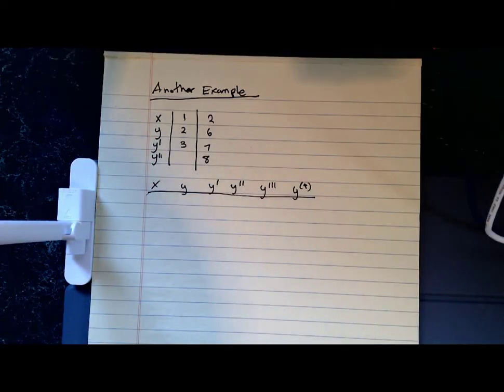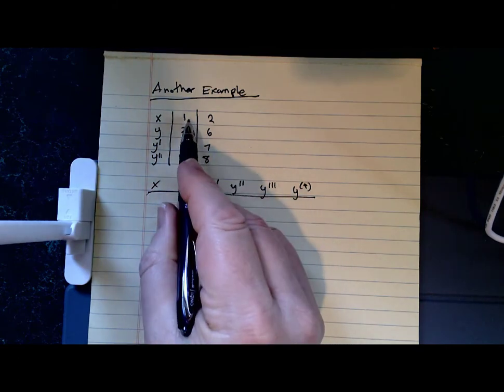Okay, I'm going to find the Hermite polynomial by divided difference using the same data as in our last example. I'm of the opinion that seeing somebody's hands do it actually helps. So we take our data here.